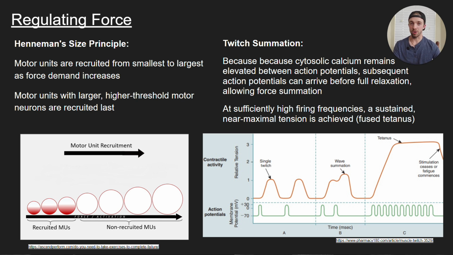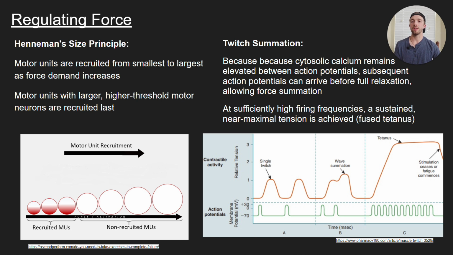From our structure of motor units, we get some functions that help us regulate force. The first of which is called Henneman's size principle. This is just named after the guy that established it, but the basic concept is that motor units are recruited from smallest, so think fewer muscle fibers, to largest as force demand increases. So typically, if you're going to perform a squat, you're going to recruit your smaller motor units first and then go up to the largest as the force demand increases.